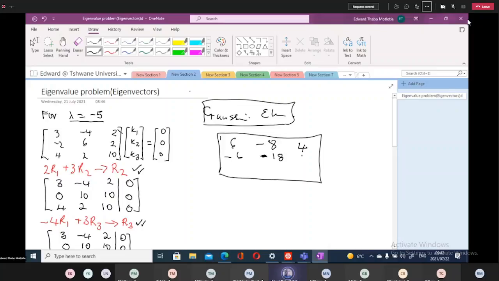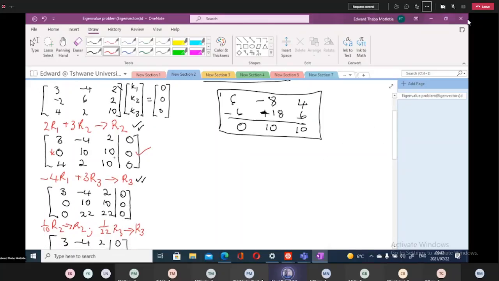And then this will be 6. So from there, I subtract. This will give me 0. This one is positive, this one will give me 10, and this one will give me 10. So that's how I arrive at this equation here, equation number 2. Okay. Now I have achieved my goal of making this guy 0.